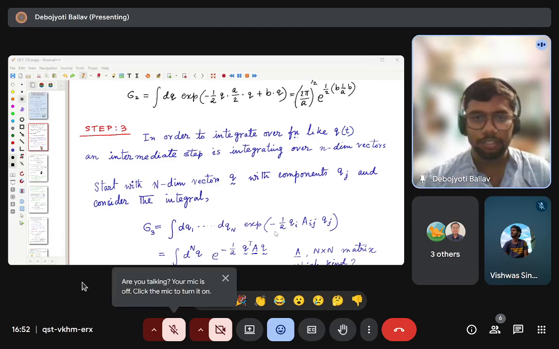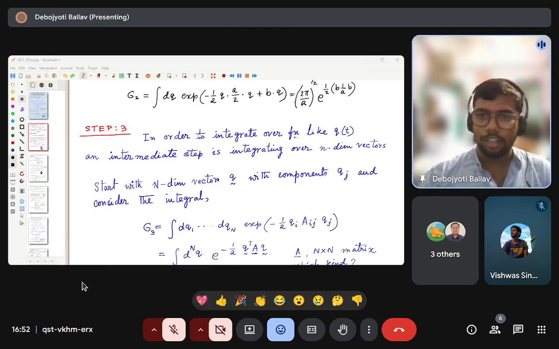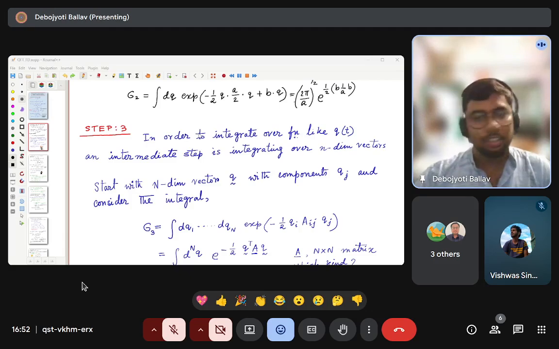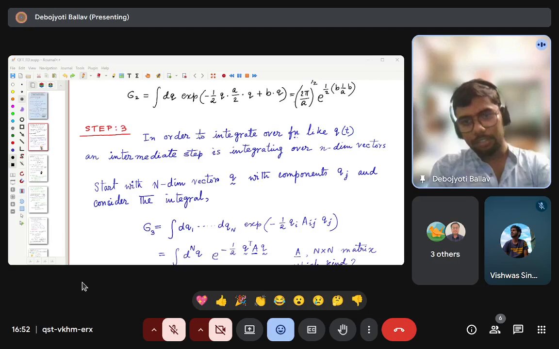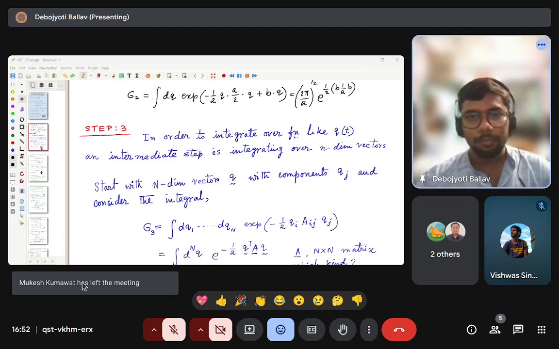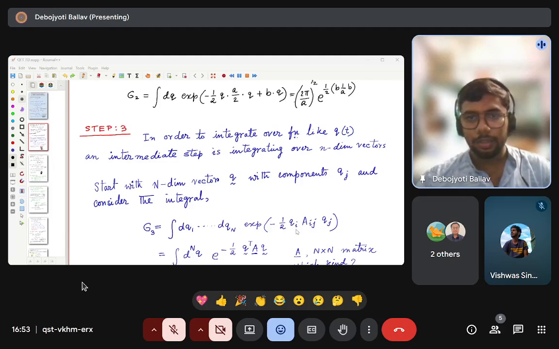The qi's are arrays, so we can write it as q transpose A q, the same thing I have written here. So what kind of matrix does Aij have to be? Can they be any random matrices, or is there a specific kind of matrix? You can clearly see that you can interchange this i and j in Q. So you can write this Qi here and Qj here.